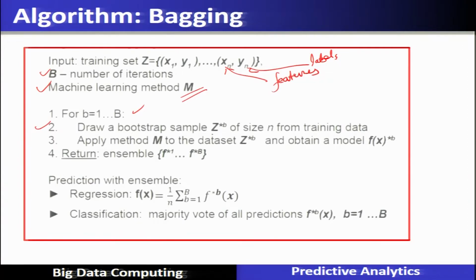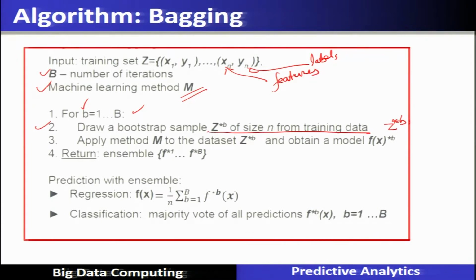This z star is a bootstrap sample that we have seen how to generate in the previous slide. Once we draw a bootstrap sample, called z star b, where b is the bth iteration, we have generated the training data to be used in the bth iteration.